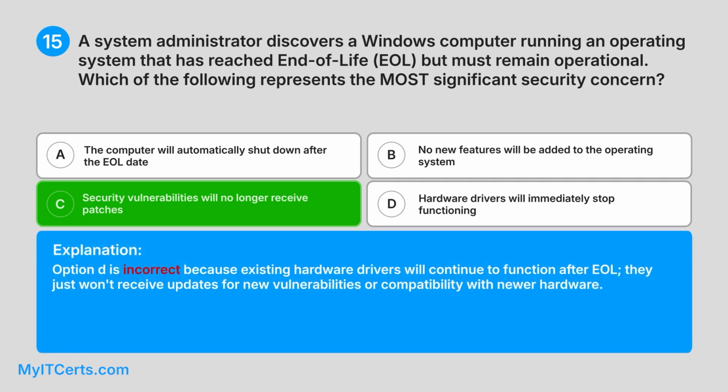Option D, hardware drivers will immediately stop functioning, is incorrect because existing hardware drivers will continue to function after EOL. They just won't receive updates for new vulnerabilities or compatibility with newer hardware.